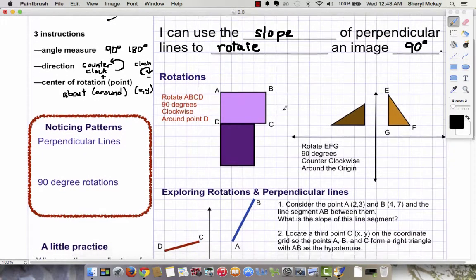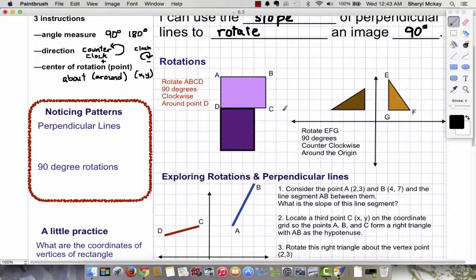Now, what we're going to do is look at some rotations and identify the points. So this light purple rectangle is rectangle ABCD. A, B, C, and D, okay?